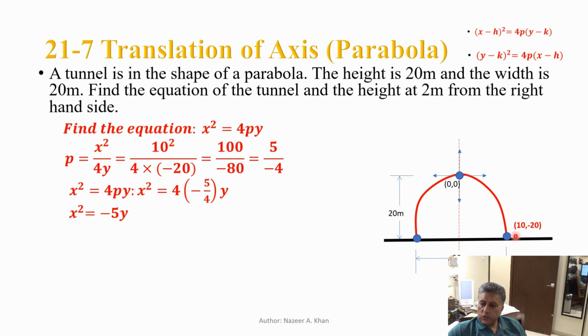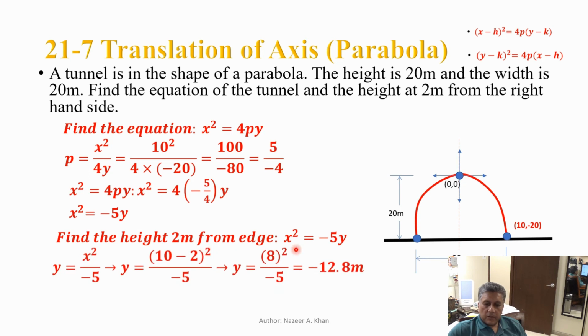meters from the right. 2 meters from the right, so 2 meters in, x will be 8. So that's where I'm going to plug in x and solve for y. I'm going to solve for y right there. If I divide out the minus 5, that's what you get.